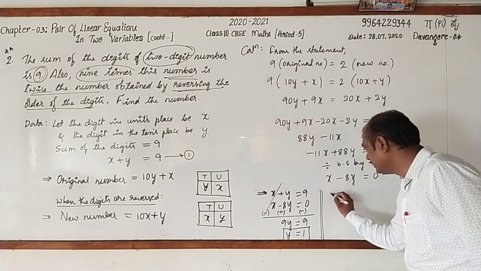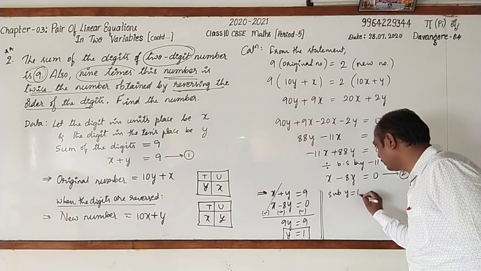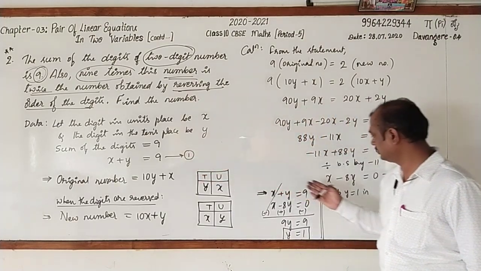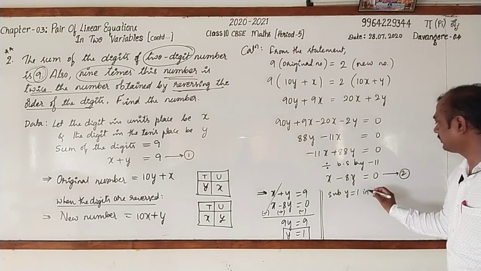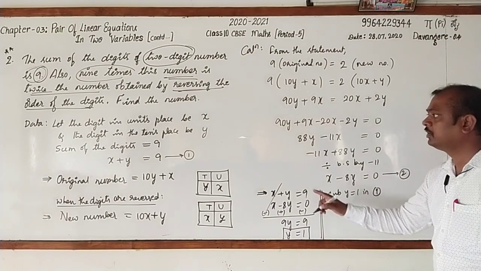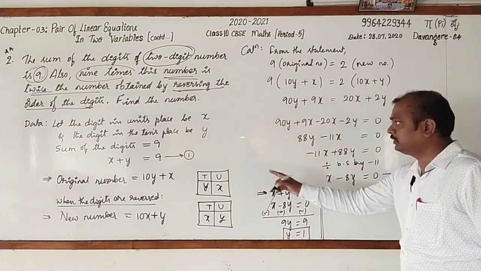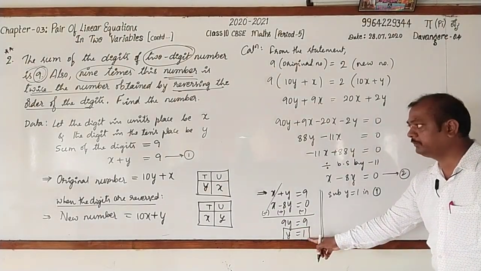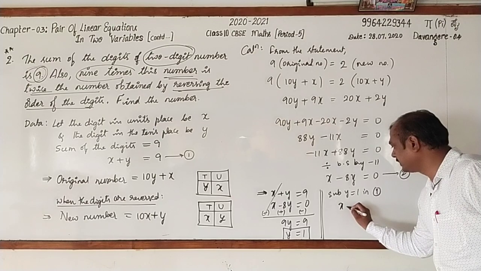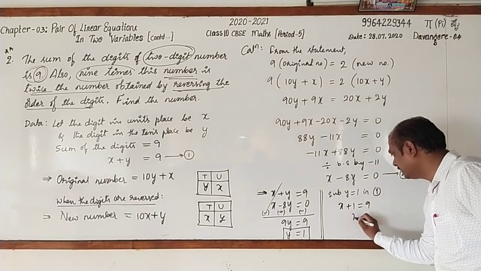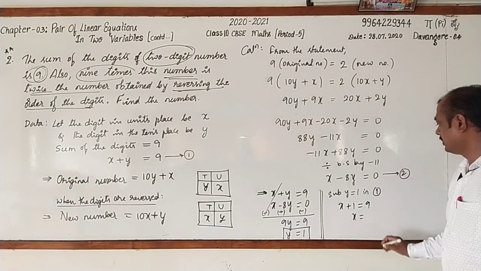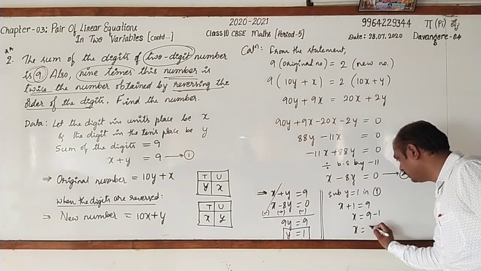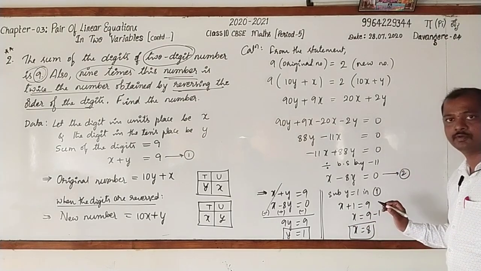I'll continue here. Substitute y equal to 1 in either equation 1 or 2. I'll write it in 1. Equation 1 is x plus y equal to 9. Just now we have found y. y is 1. So x plus 1 equal to 9. Then x equal to 9 minus 1, x equal to 8. Got it?